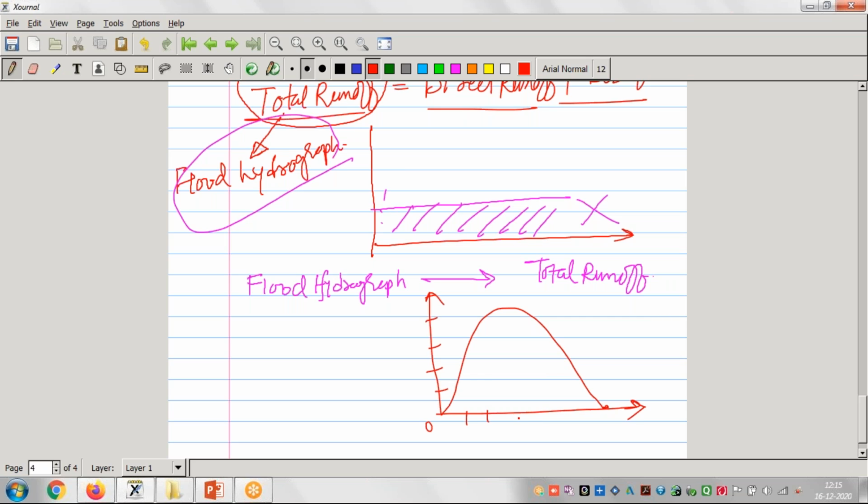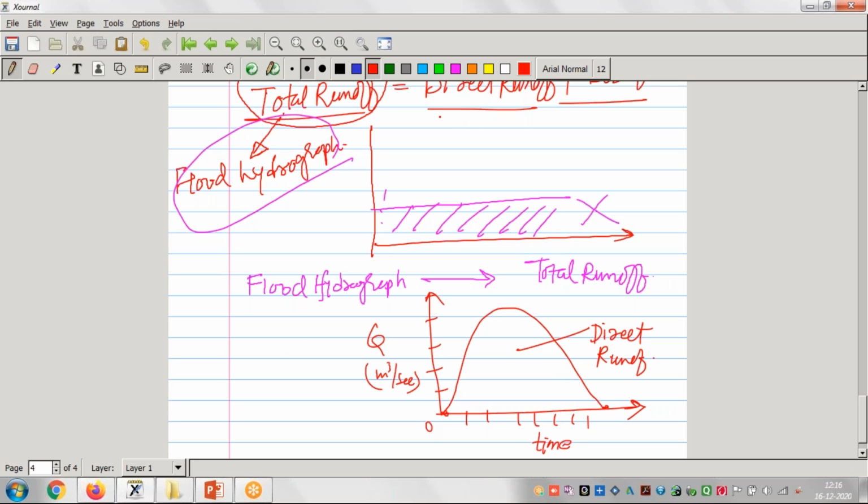On the x-axis it is the time, and on the y-axis is the discharge in meter cube per second, right? So it starts from 0. What is this hydrograph? This hydrograph is because of only direct runoff.